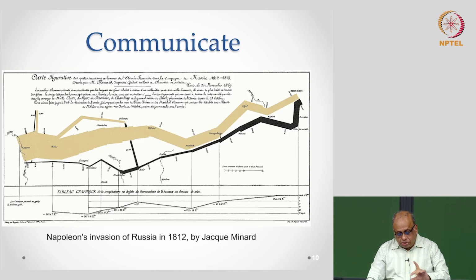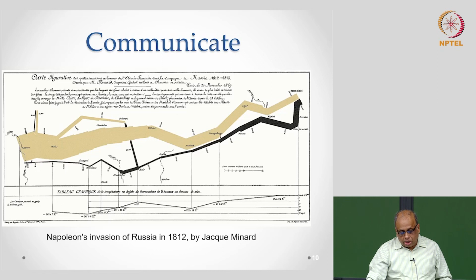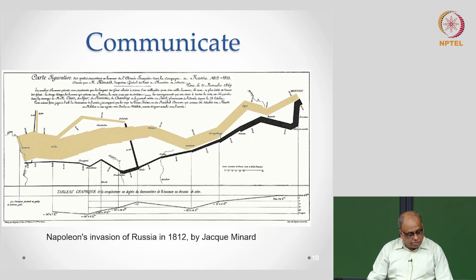The size shows that a lot of army people were going for the invasion, and as they were coming back, the soldiers were dying because of the war or because of diseases on the way and so on. So a good visualization, just by looking at the view, you can get a lot of information that is not possible just by textual description.